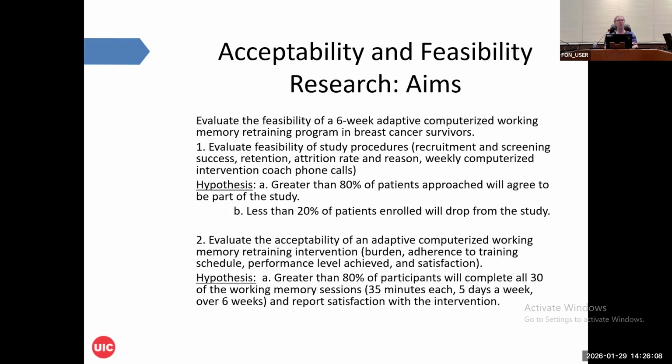So if we approach 100 patients in clinic, 80 patients say yes. Now, that's high. 80% is a high yes rate, quite honestly.